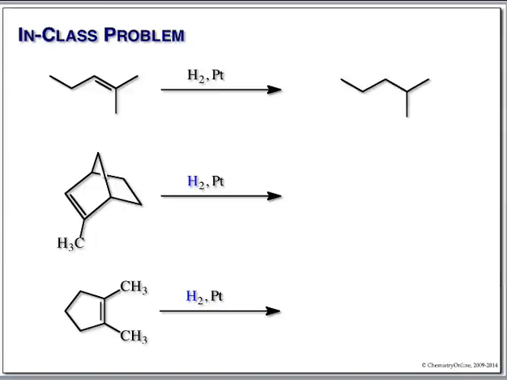Now this next one is going to make a difference, isn't it? We're going to add a hydrogen to each carbon, but because it's a ring, it's going to have stereochemistry. Now this could actually form two different products. One where hydrogen is added to the top here, another one where it comes in from the bottom. This is a case where size matters.